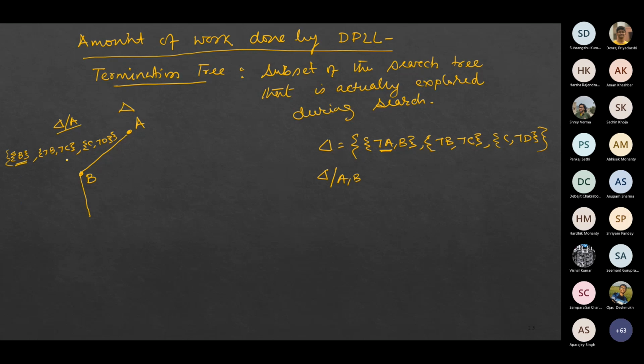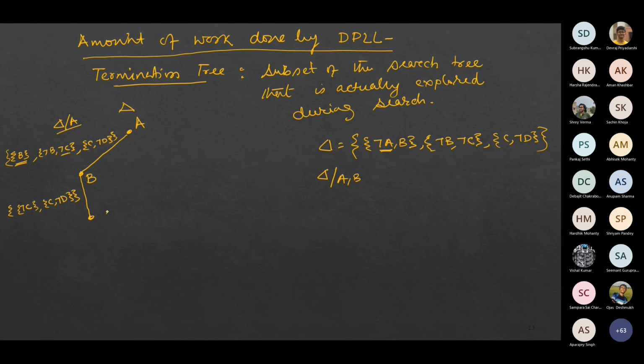This will be gone, and this will be converted to only not of C, and this will remain the same, right? So we have not of C and C not of D.